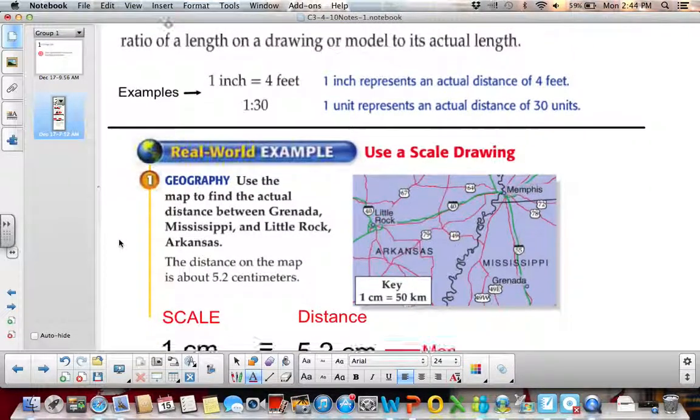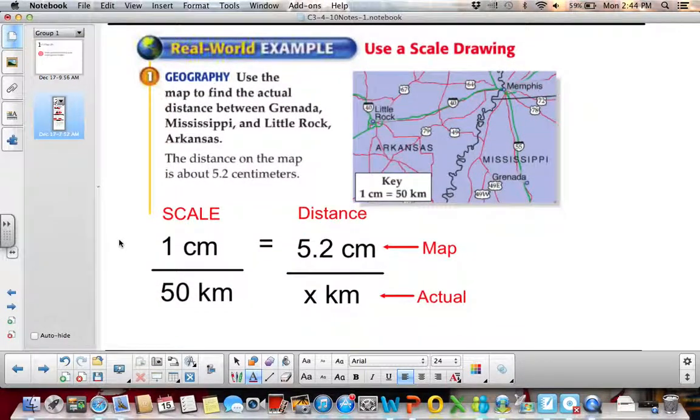Here's a scale drawing of a map. If we want to use the map to find the actual distance between Grenada, Mississippi, and Little Rock, Arkansas, we are told that 1 centimeter equals 50 kilometers.